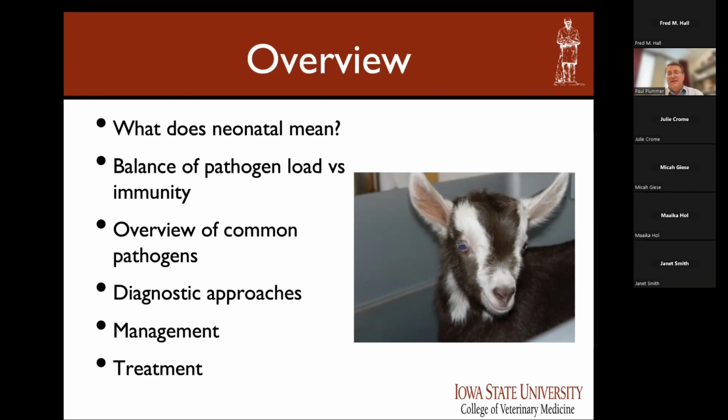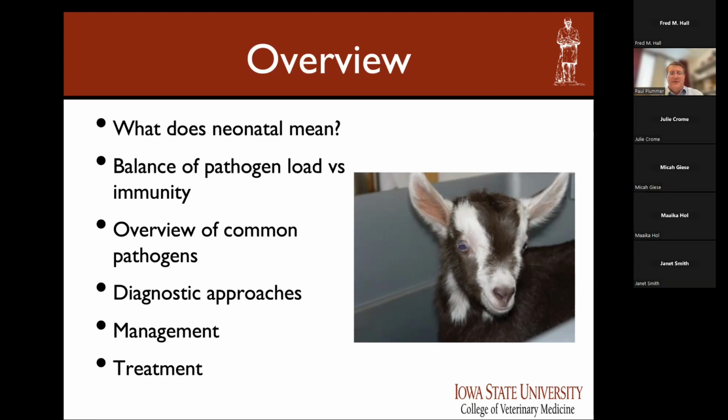We're going to spend a reasonable amount of time talking about the balance of pathogen load versus immunity. This is a concept, there's not hard and fast numbers in any of this, but I firmly believe that a good understanding of this can go a long way towards understanding the dynamics of neonatal diarrhea in our operations and how we manage those. So we'll spend a little bit of time talking about that.